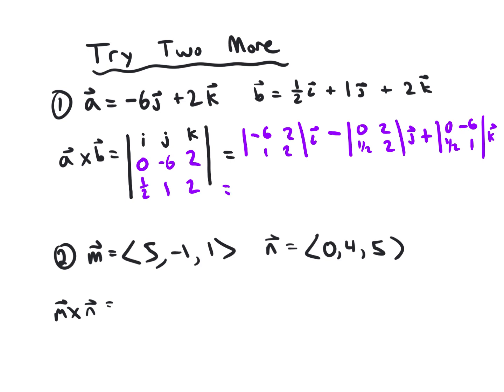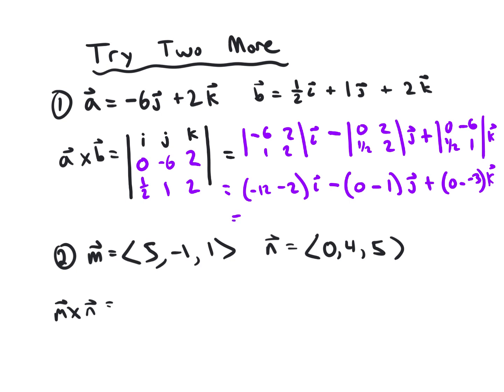And that's going to equal negative 12 minus 2, multiplying the diagonals, i hat, minus 0 minus 2 times 1/2 is 1, j hat, plus 0 times 1 is 0 minus negative 3, k hat.